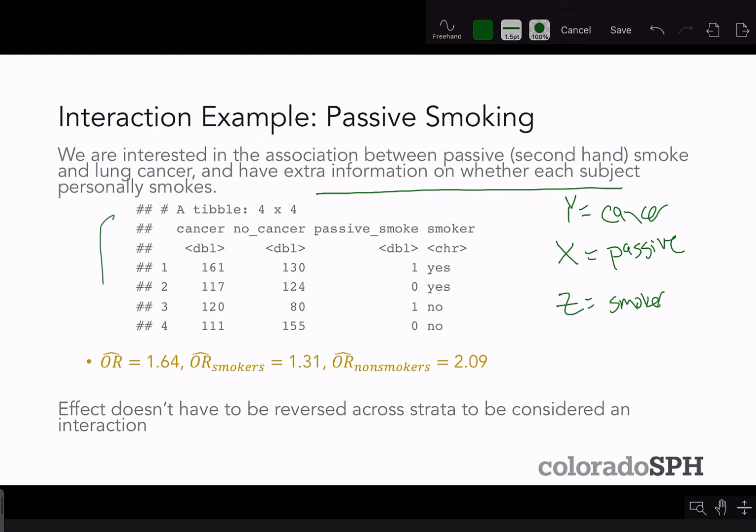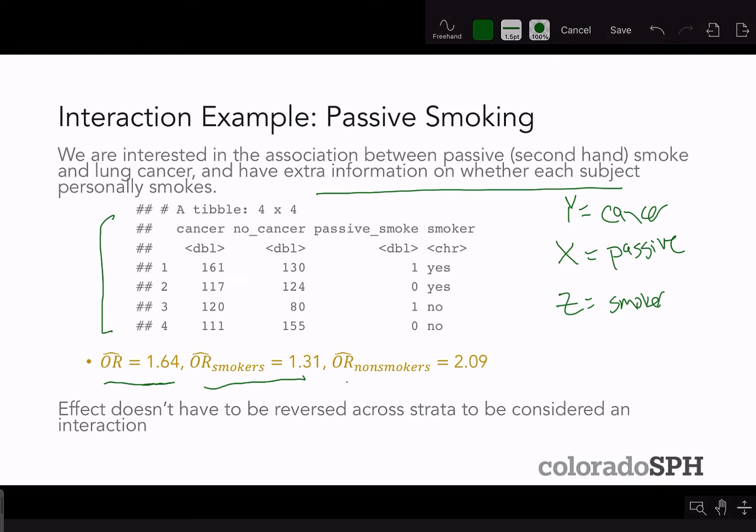So we have data that I've loaded into R here, and the pooled data for the odds ratio for the association between cancer and passive smoking in the combined data is 1.64. In the subset of smokers, that odds ratio is 1.3.